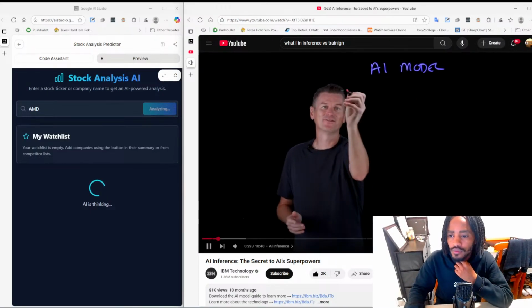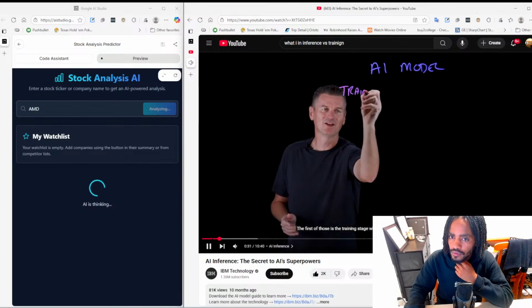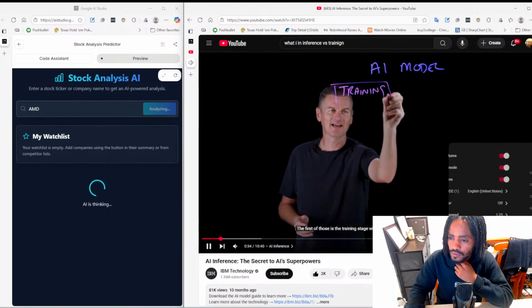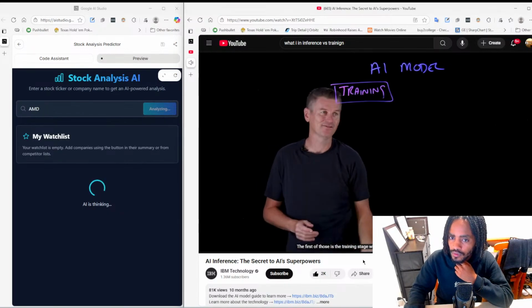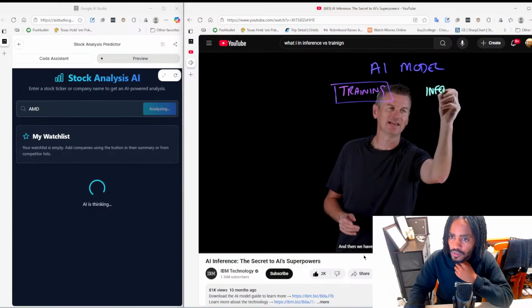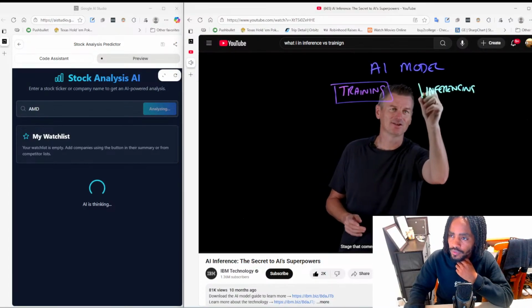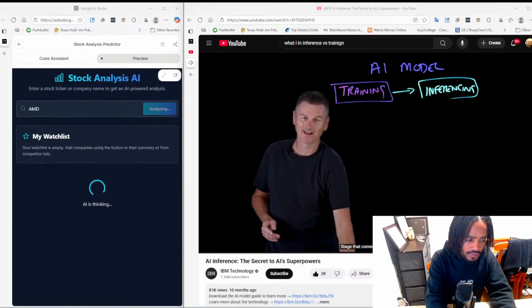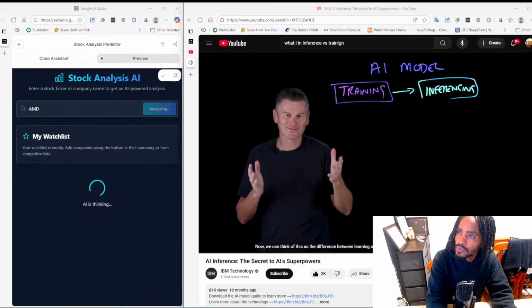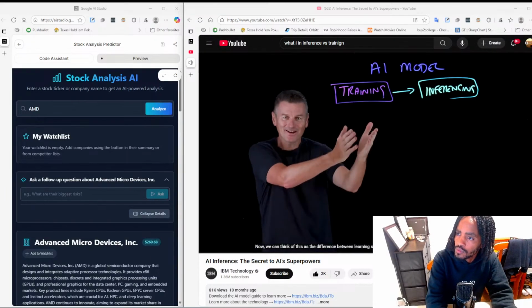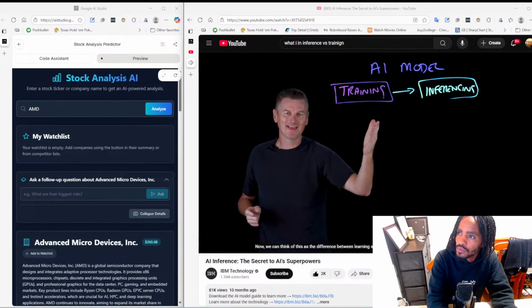What are those? The first of those is the training stage, where the model learns how to do stuff. And then we have the inferencing stage that comes after training. Now, we can think of this as the difference between learning something and then putting what we've learned into practice.